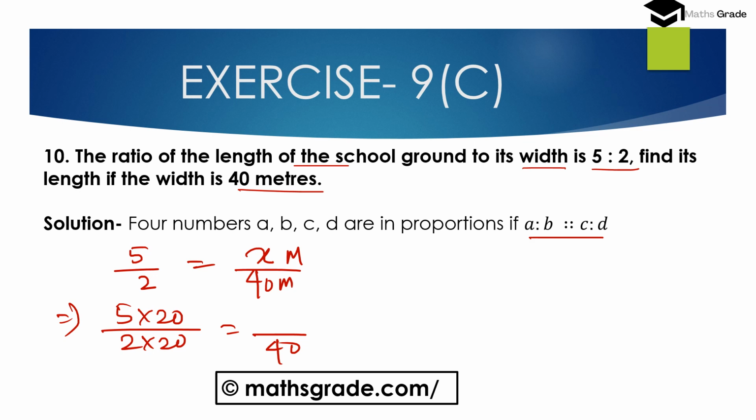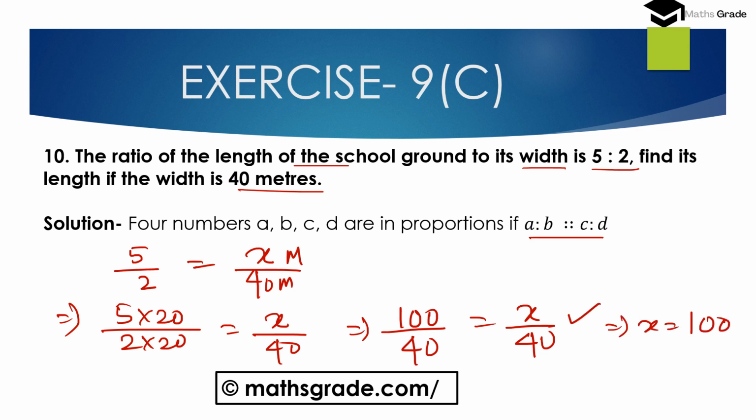So 5 multiplied by 20 divided by 2 multiplied by 20 is equal to x divided by 40. Now 100 divided by 40 is equal to x divided by 40. Both have equal consequent, that is 40. This implies x is 100 meters.